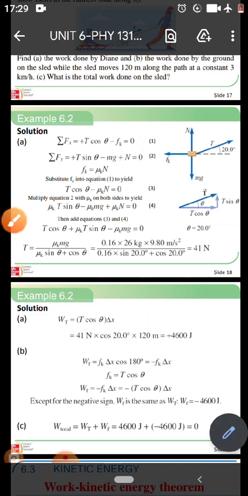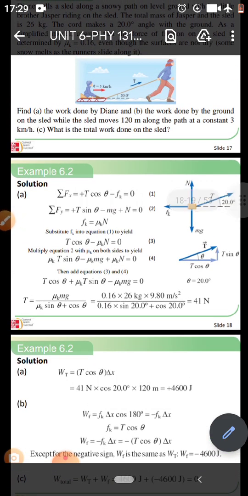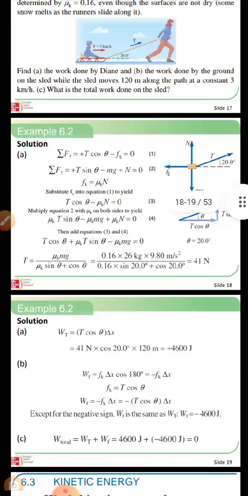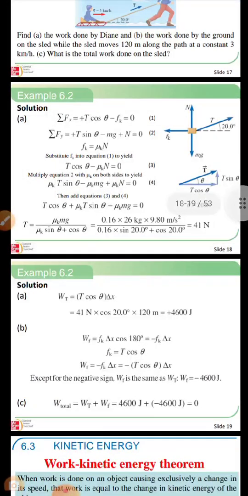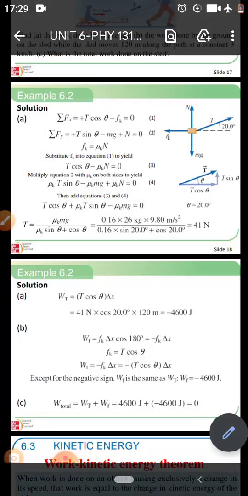So B requires us to find the work done by the ground on the sledge. So the work done by the ground.